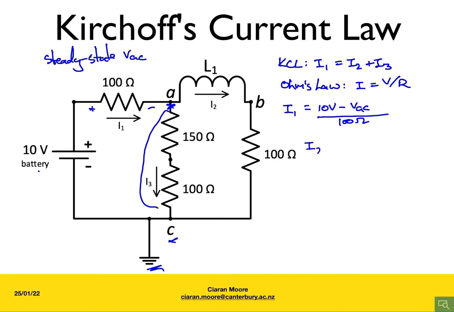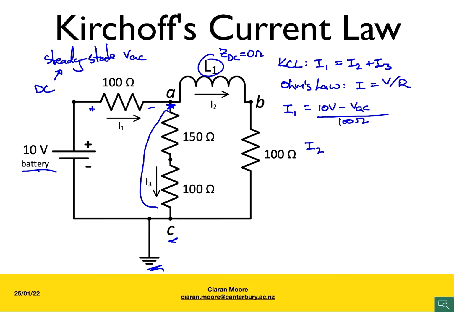For I2, things look slightly scary at first because we have an inductor, but remember at steady state, because here we have a battery, which is a DC source, we only care about the DC signals, and so the DC impedance for an inductor, remember, is 0 ohms.